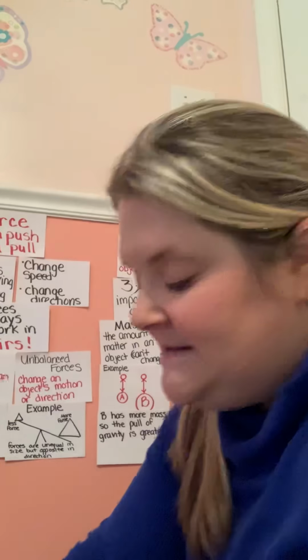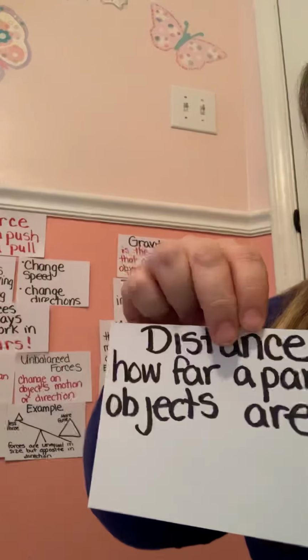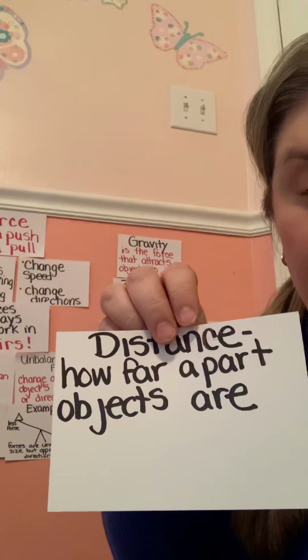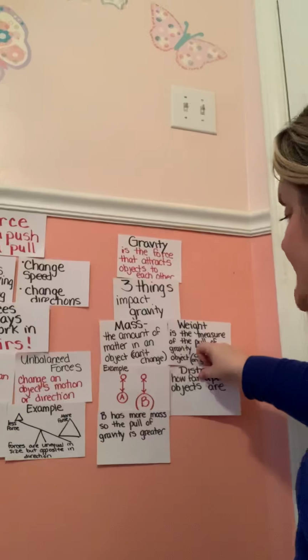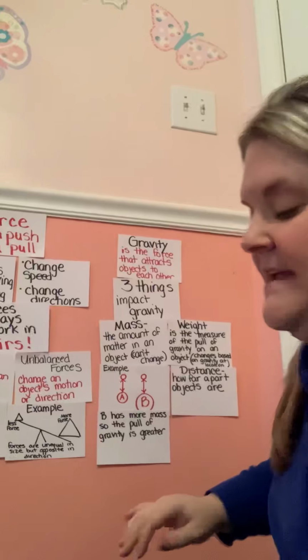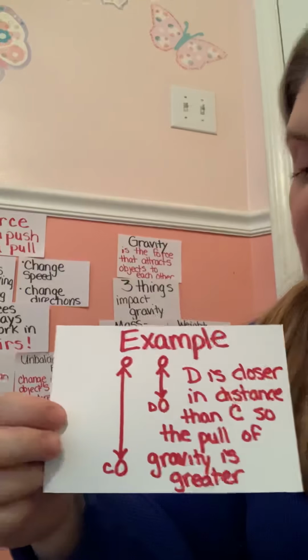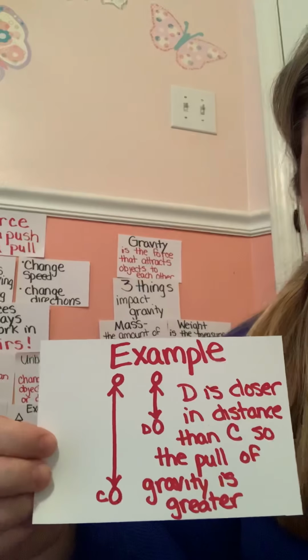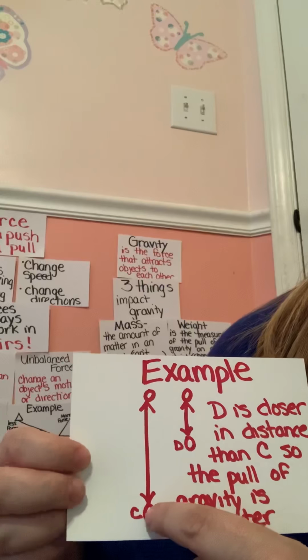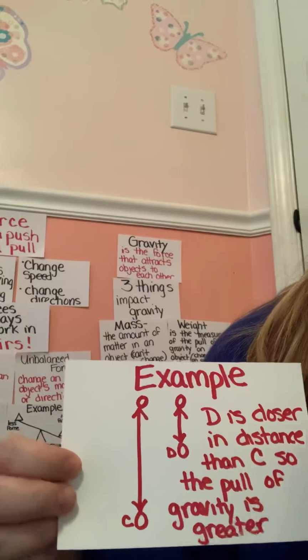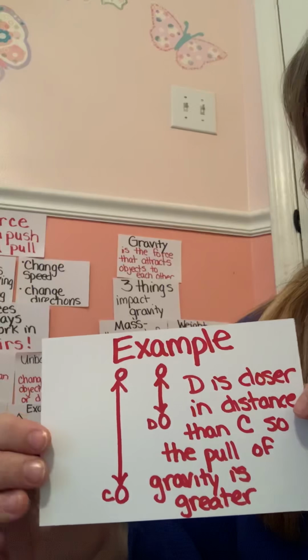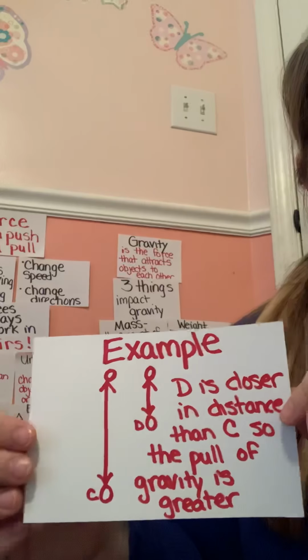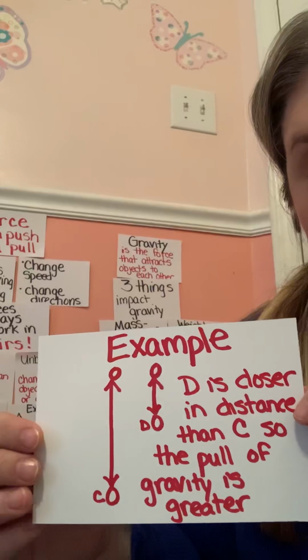Okay, the last thing that impacts gravity is distance. Distance is how far apart objects are from each other. The reason distance is important is because of this. You can see I used my little planet examples again, and I had to write C here and D here because my circles were pretty tiny. Both of those little planets, or circles, have approximately the same mass, right?